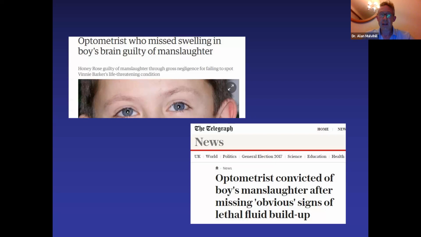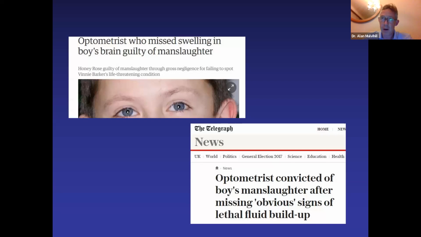The irony here is that almost certainly what happened is this child was seen in a big chain optician, where, you know, there are multiple opticians and technicians, and they probably looked at the wrong pictures. They looked at the picture from the wrong child, because this child was brought along with multiple siblings present.